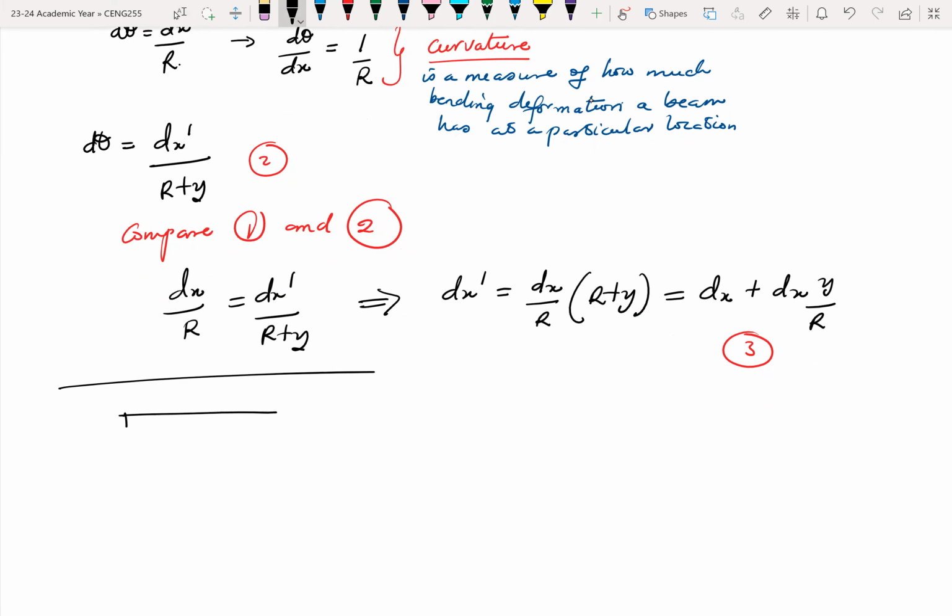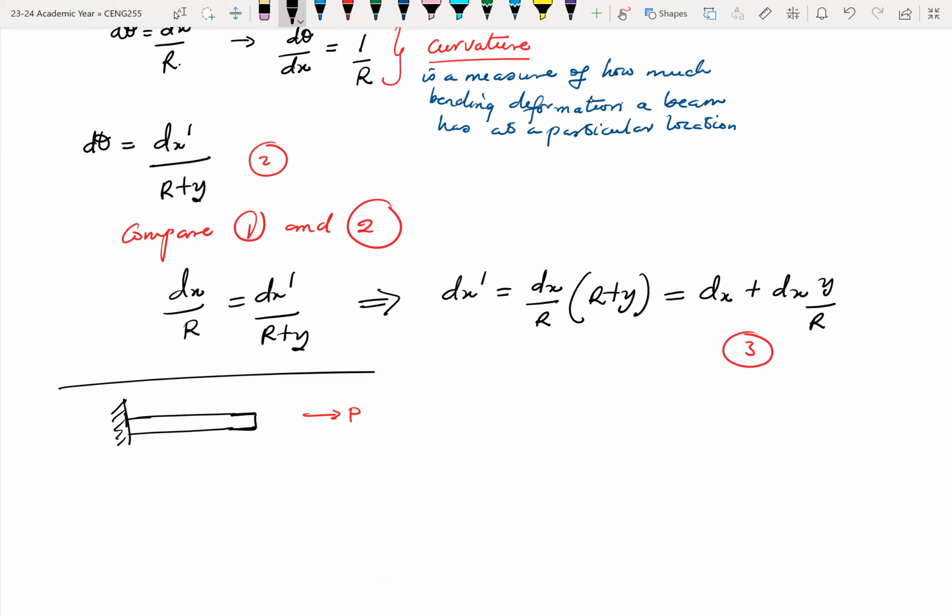Let's say I have a bar, with a support at the end, and I apply a load P to this bar, an axial load.